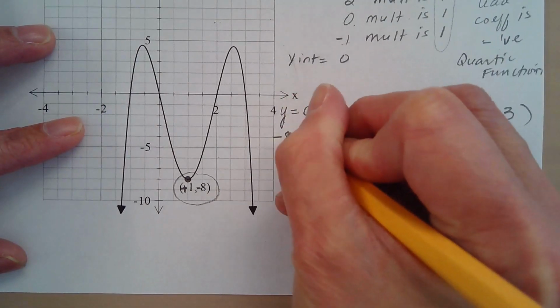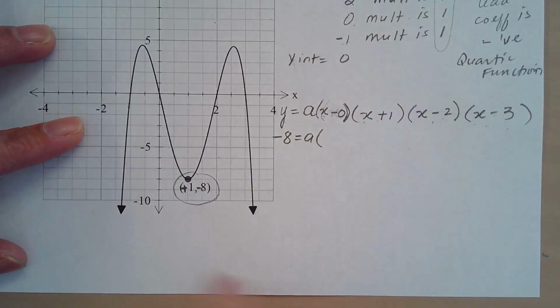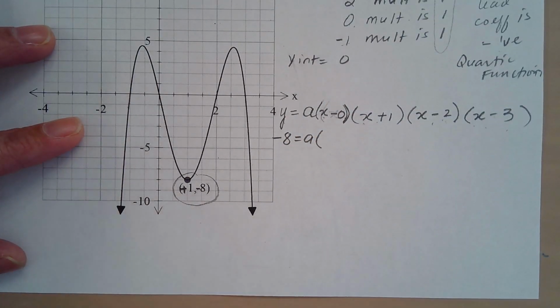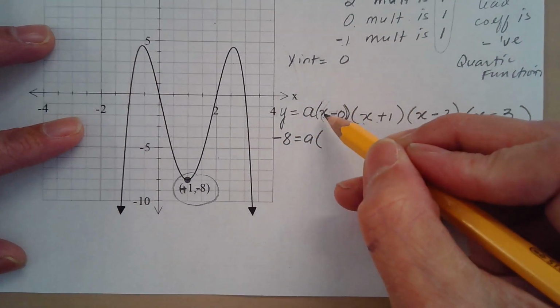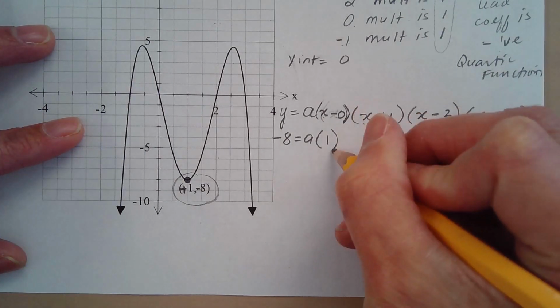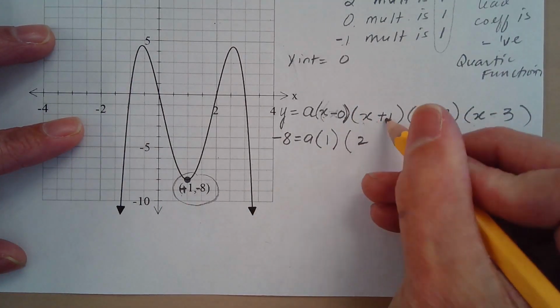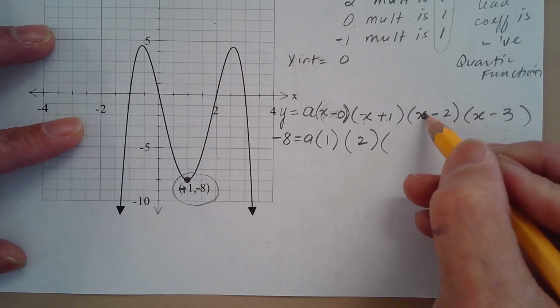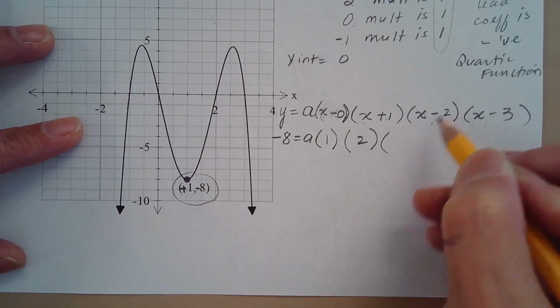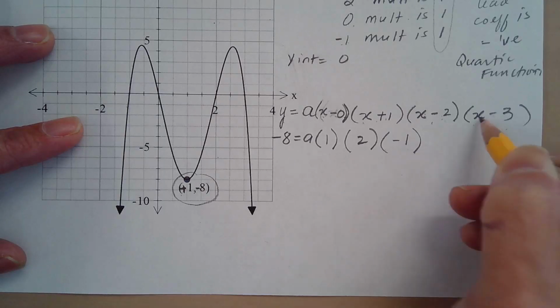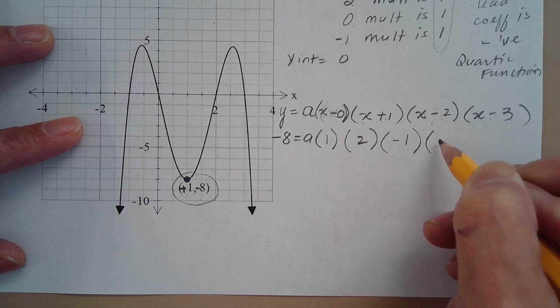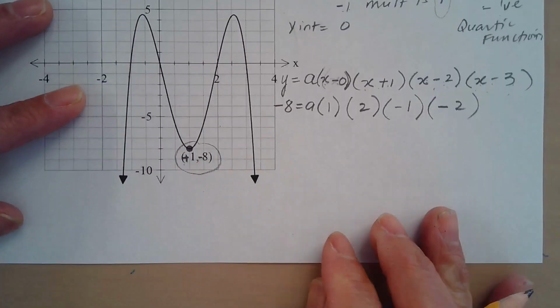So -8 equals A times, if X is +1, 1 minus 0 is 1. Then that would give us 2. If this is +1, then that would give us -1. And if this is +1, then that becomes -2.